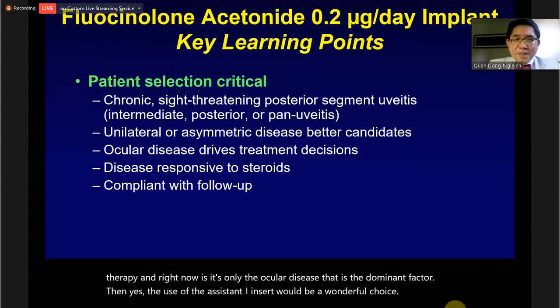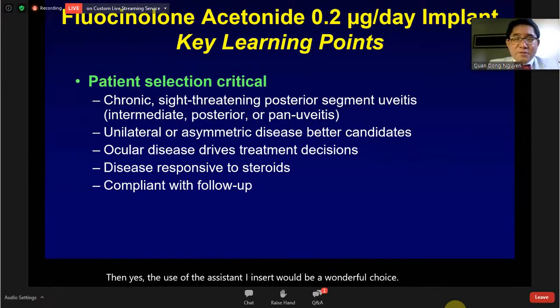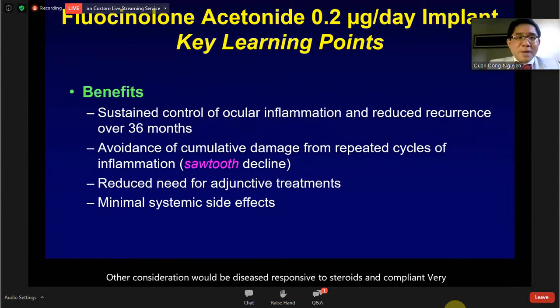On the other hand, if the patient still has active pulmonary disease or dermatologic disease from the sarcoid and still requires a significant amount of systemic treatment, one cannot expect to just use the fluocinolone acetonide insert to control the whole disease. Other considerations would be disease responsive to steroids and, very important, compliance with follow-up.